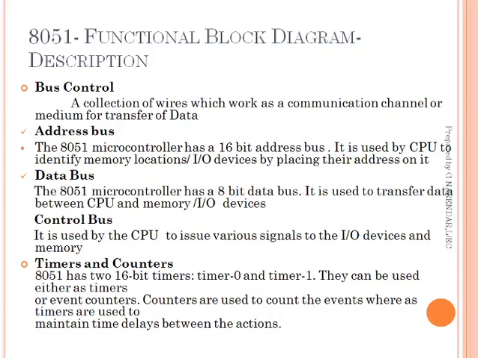The controller can be connected to a number of input output devices, or to a number of memory locations. To identify one out of all the memory locations or IO devices, every memory location or IO device is provided with a certain address, so that by seeing the address, it can say it is accessing this particular memory location or this particular input output device.